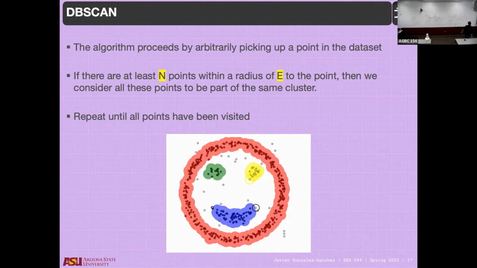What can I do? How can I modify the K-means in order to be able to do something like this? And moreover, remember, I do not want to tell you how many clusters I have or how many clusters I want. I only want you to tell me how many you can find. Good?